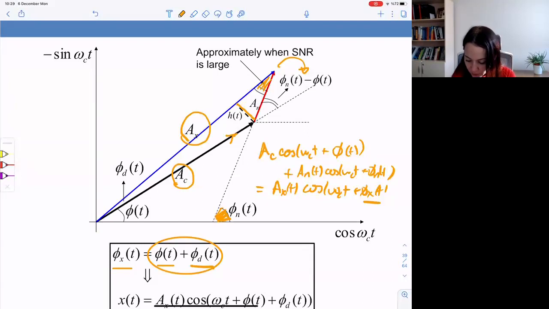So h of t over An is the sine of this angle, which is approximately equal to phi n minus phi, which is phi d.